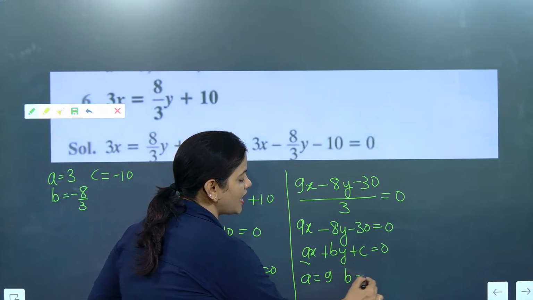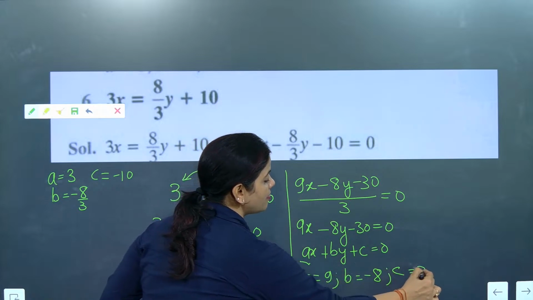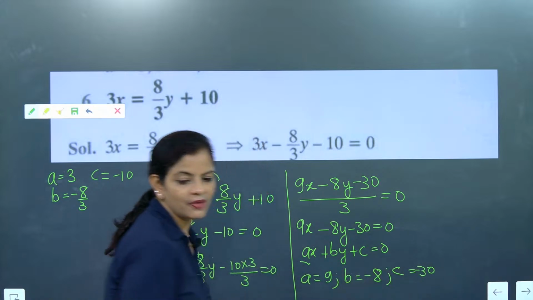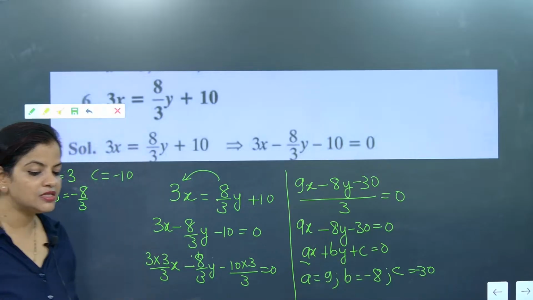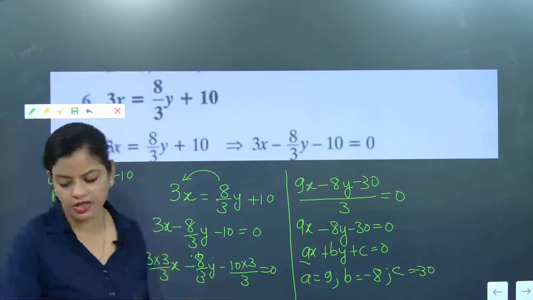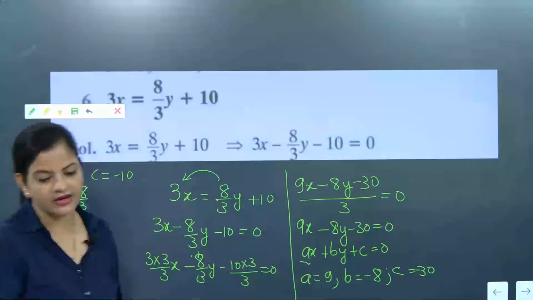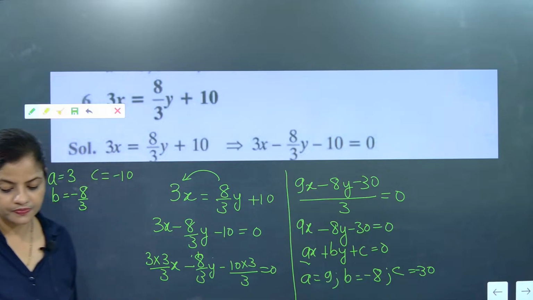The coefficient of b is coming as minus 8. And the coefficient of c is coming as minus 30. Did you get my point, beta? Now the coefficients are changing: 9, minus 8 and minus 30. I hope you might have understood this one. Come on, say understood.